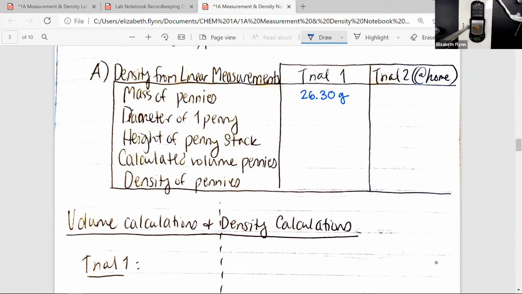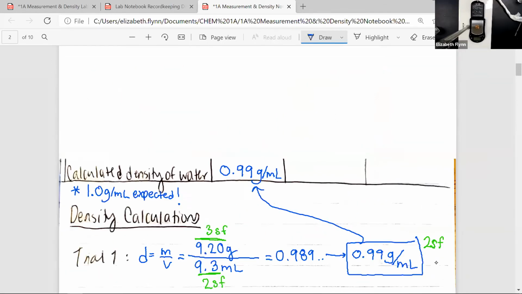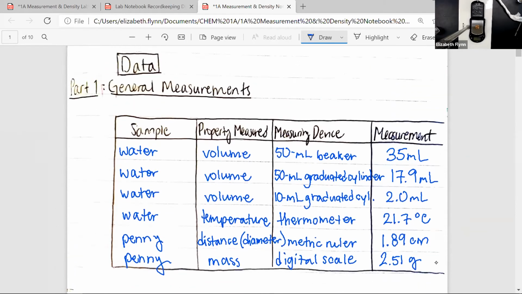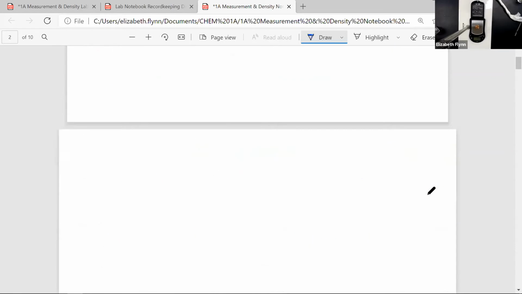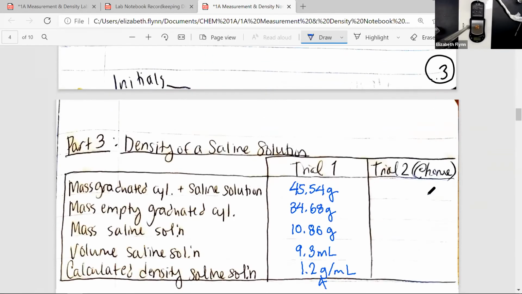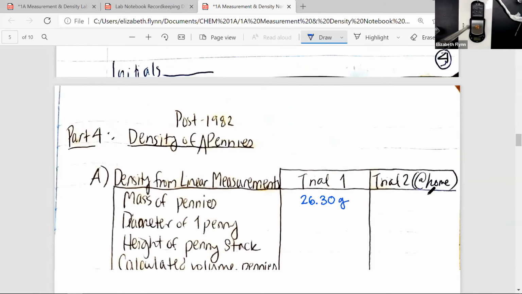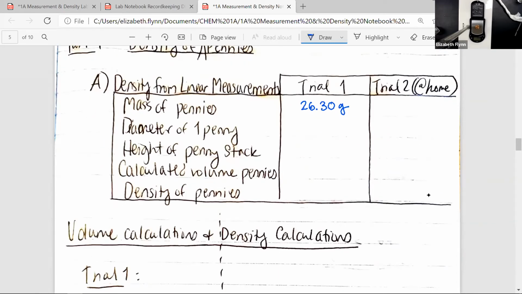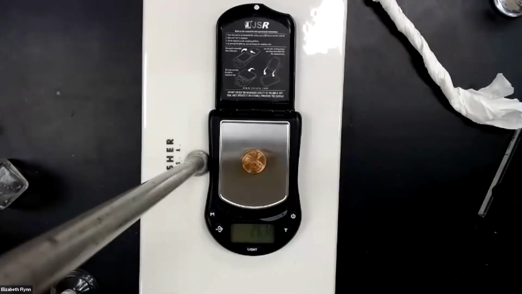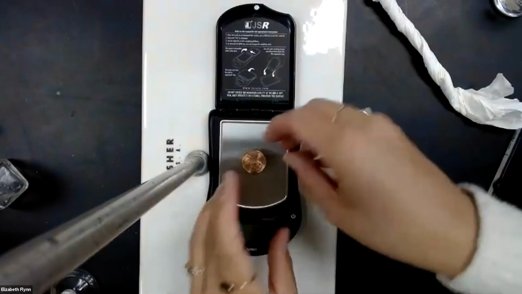Okay, and we already got the diameter of 1 penny. I'm just going to use the diameter of the 1 penny that we measured in the beginning. Okay, 1.89 centimeters. All right, now we're going to use our measurement skills to determine the height of the stack of pennies.